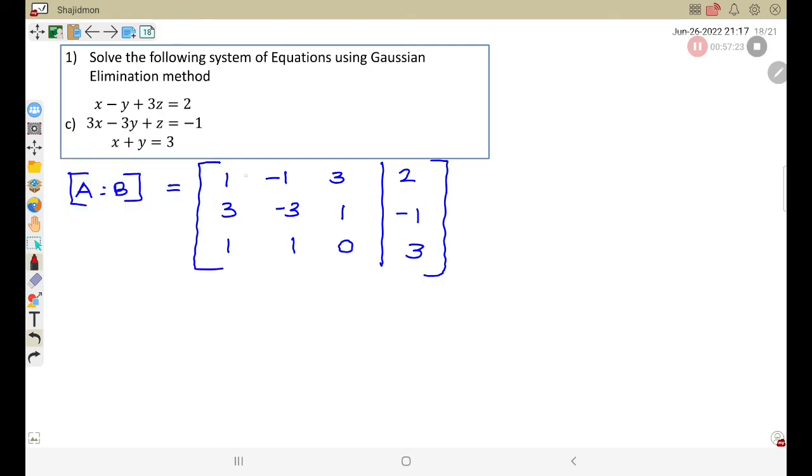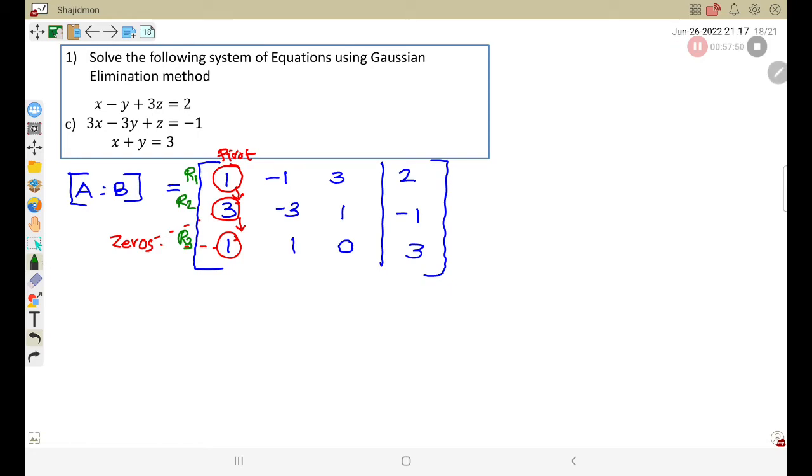So we check the first number. Here it is 1, the pivot number. What we need to do is make the numbers below the pivot 0. You can mark this as the first row, second row and third row, correct?